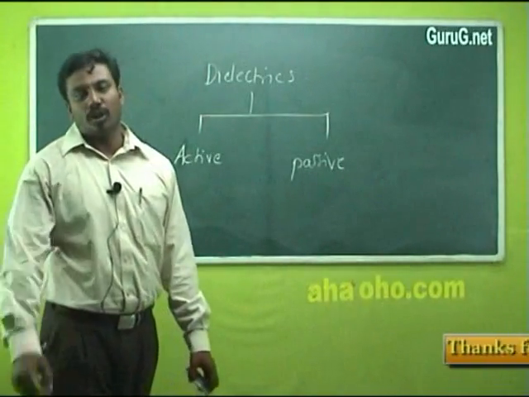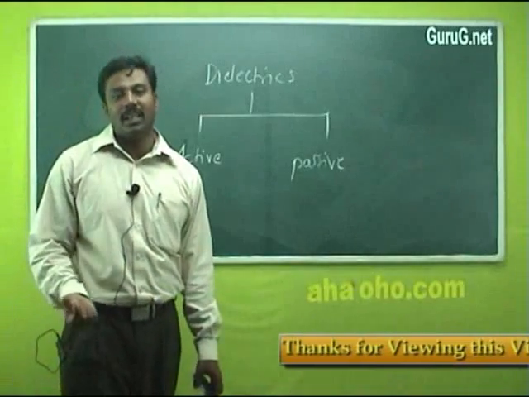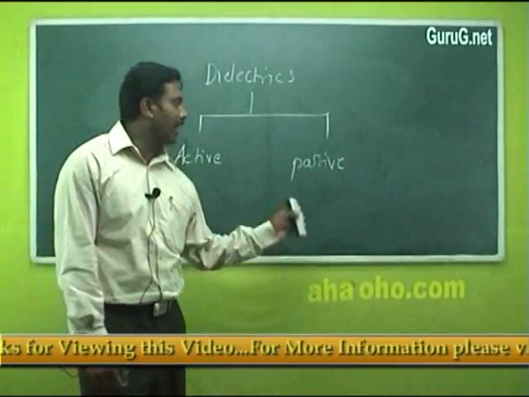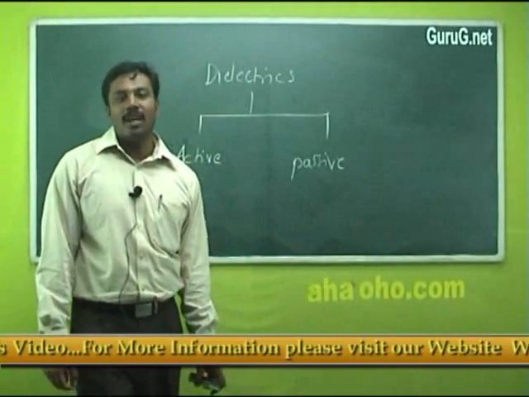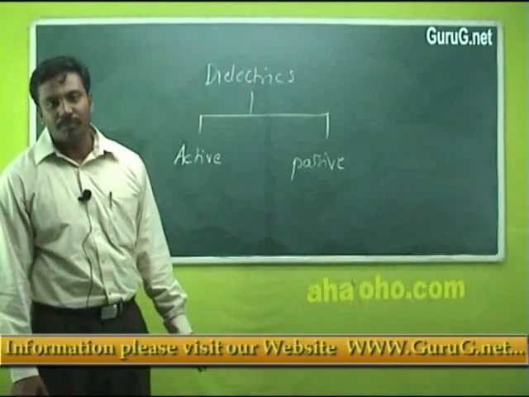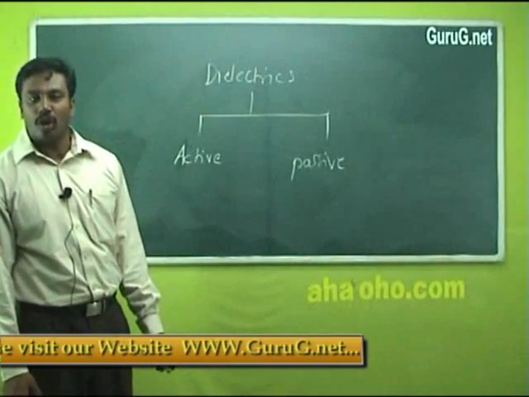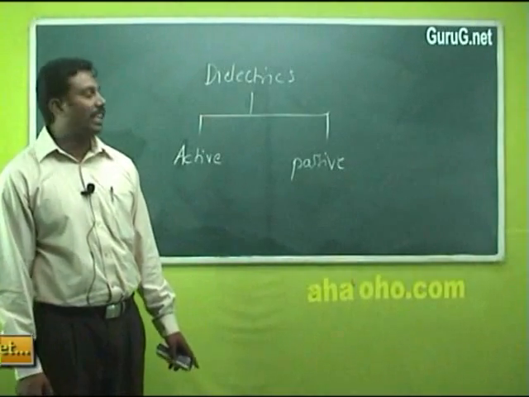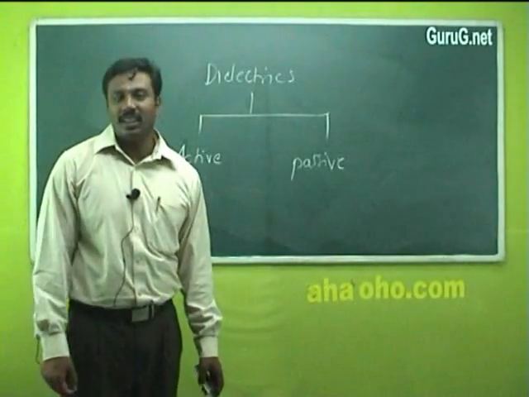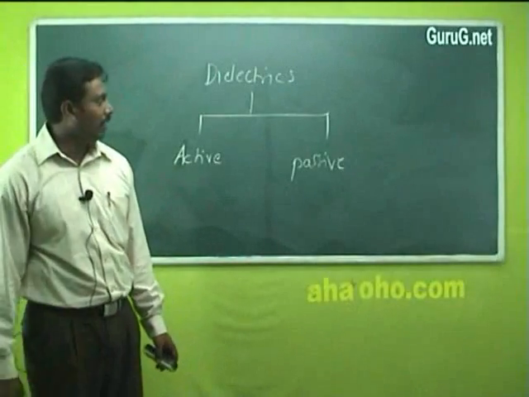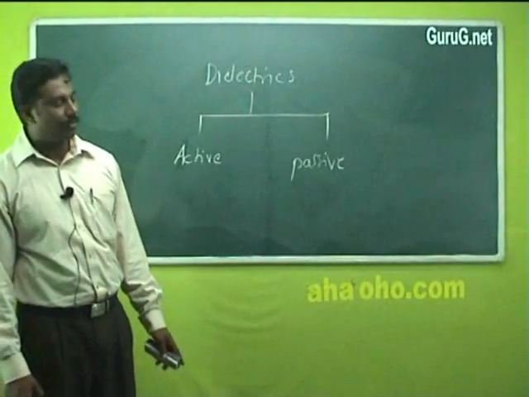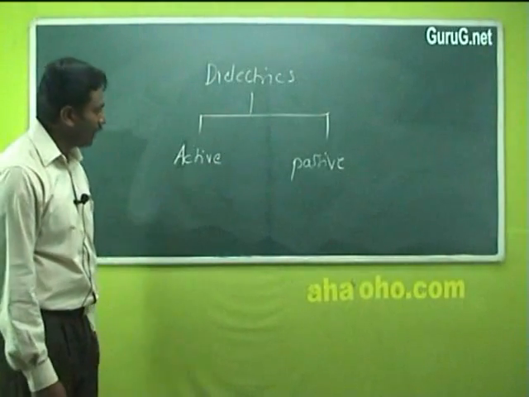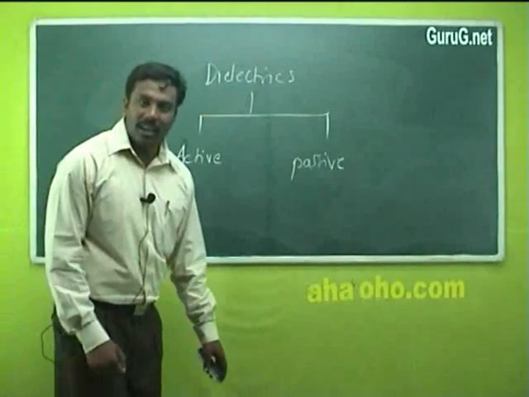For example, solid dielectric materials are mica, rubber, etc. These are all insulating materials. We have some liquid dielectric materials such as oils, and some inert gases called gas dielectric materials. Even air is a dielectric material. So dielectric materials are broadly classified into active dielectrics and passive dielectrics.